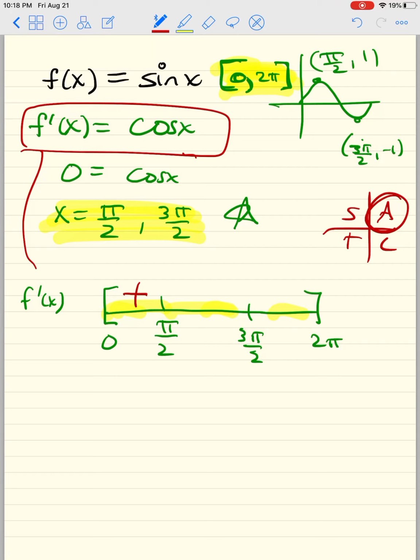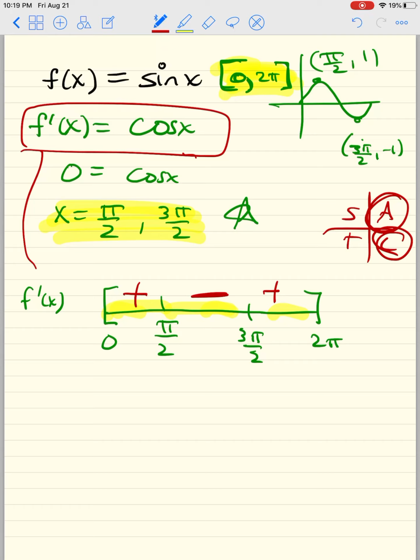Between pi over 2 and 3 pi over 2, that's between 90 degrees and 270, that's 180. Do you guys remember the cosine of 180? That's -1, so that's negative. And then 3 pi over 2 to 2 pi, that's the fourth quadrant. Cosine's always positive.